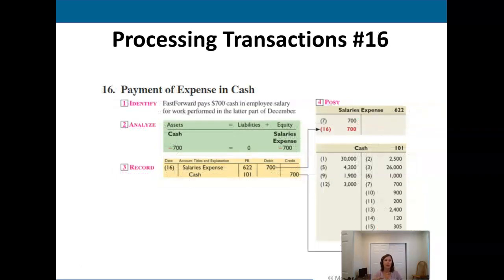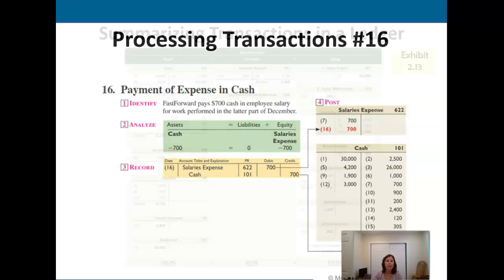Now we're at the last transaction. So we paid some more expenses in cash. We paid some salaries. So just as we did when we paid the salaries before, we have a debit to the salaries expense account and a credit to cash.